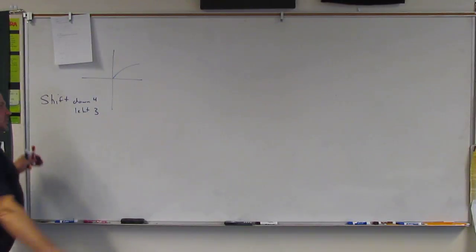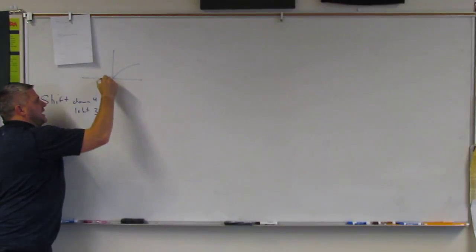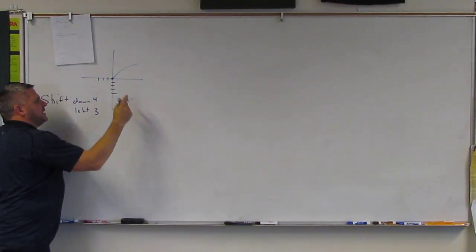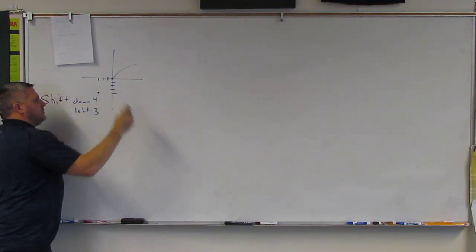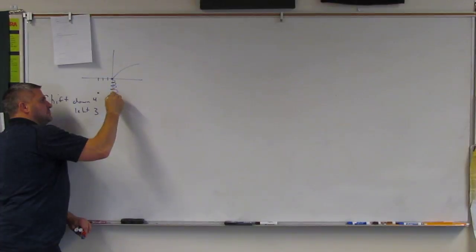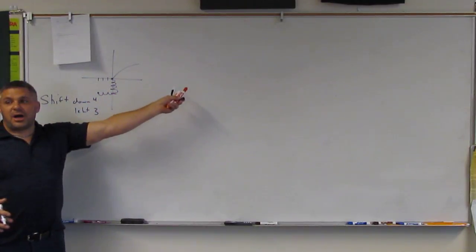Okay? So you're going to go down and left. And so you're going to take this point and you're going to move it to that point. That's really all you're doing. Down. And left. And then you're going to redraw it.